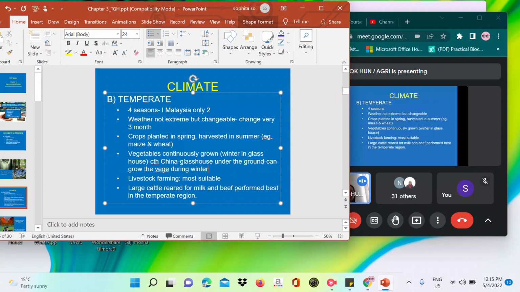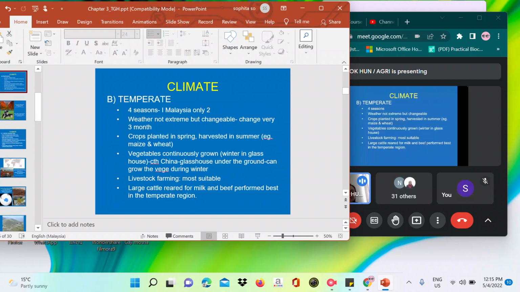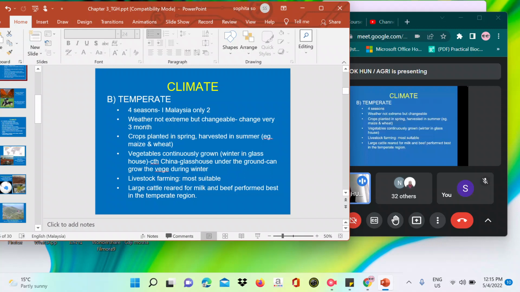Large cattle rearing for milk and beef performs best in the temperate region. You can see that dairy production comes from different countries like Australia, New Zealand, the UK, Holland and so on. Our country doesn't have such a lot of milk production compared with meat.